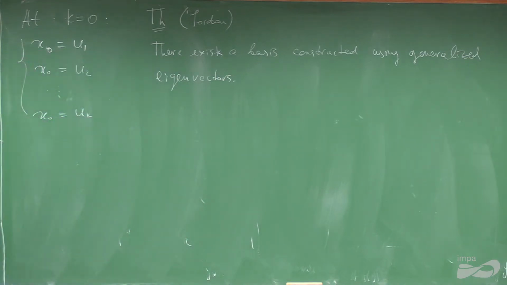So you can choose generalized eigenvectors for different eigenvalues such that they together form a basis.